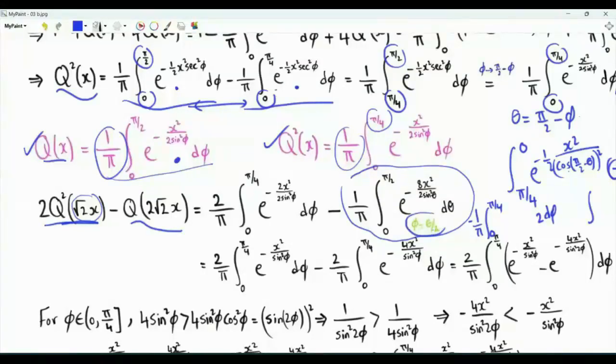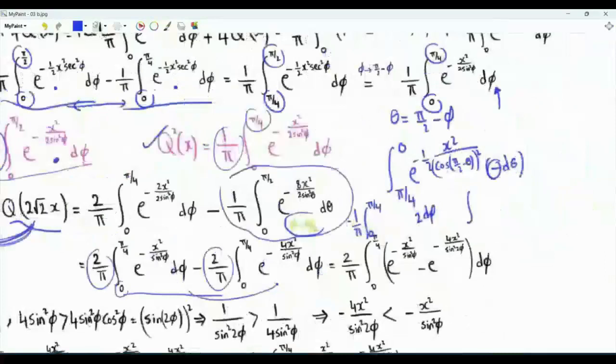When we do this substitution, we are able now to combine these two integrals, as both of them have this external factor 2 over pi, and both of them are from 0 to pi over 4. The difference between these two terms, which are the sides of our desired inequality, is given by this integral here. We are done if we can show that this integral is greater than or equal to 0.